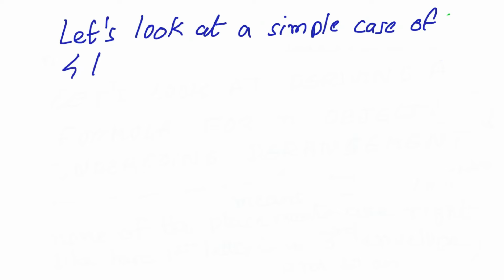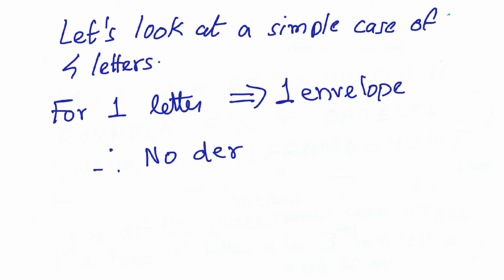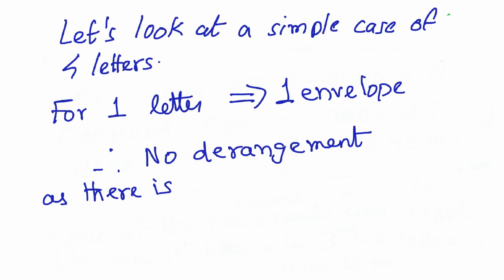And let's begin with the first letter. Understand that the first letter means that there will also be a single envelope, an envelope for that letter, which means that for a particular letter, one letter, there will be one envelope. This is a case in which derangement is not possible. Why? Because there's an envelope for that particular letter, so there cannot be any misplacement.